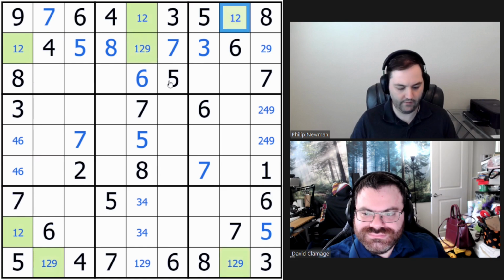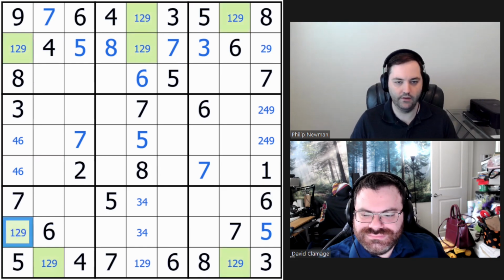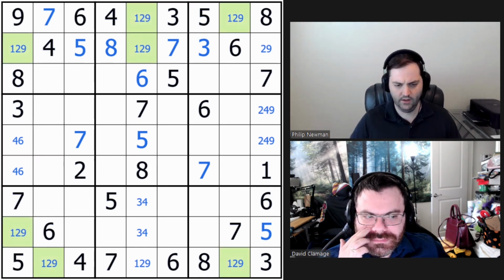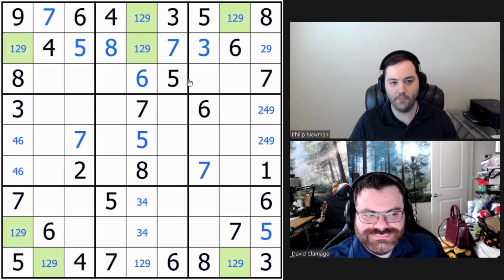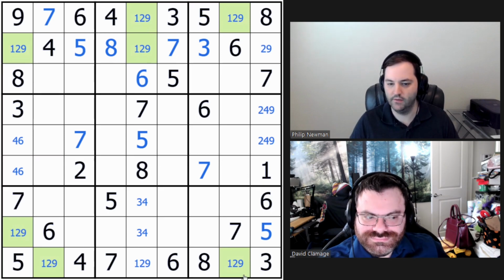If you have guardians everywhere, if you have something like this, it's true that these can't all be 1s and 2s, and it's also true that they can't all be 1s and 9s, and they can't all be 2s and 9s. But you have so many guardians, you're not going to be able to make an elimination. There's nothing that sees all of the 9s in this case.